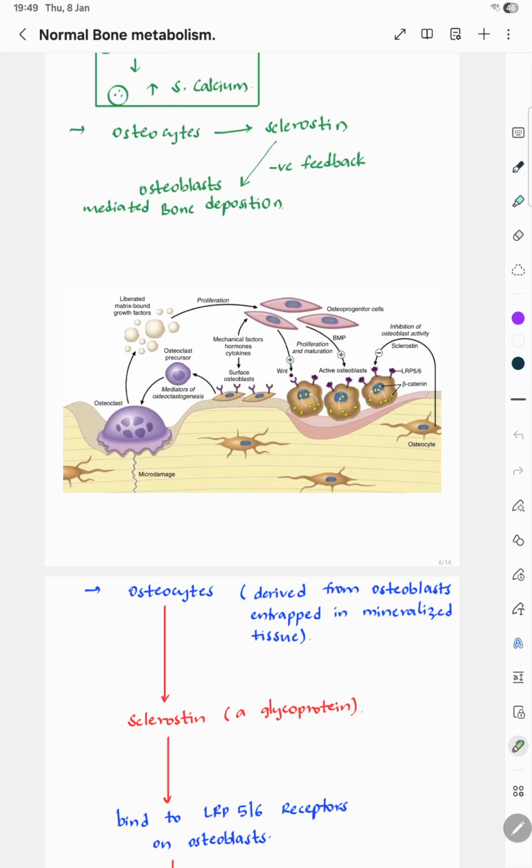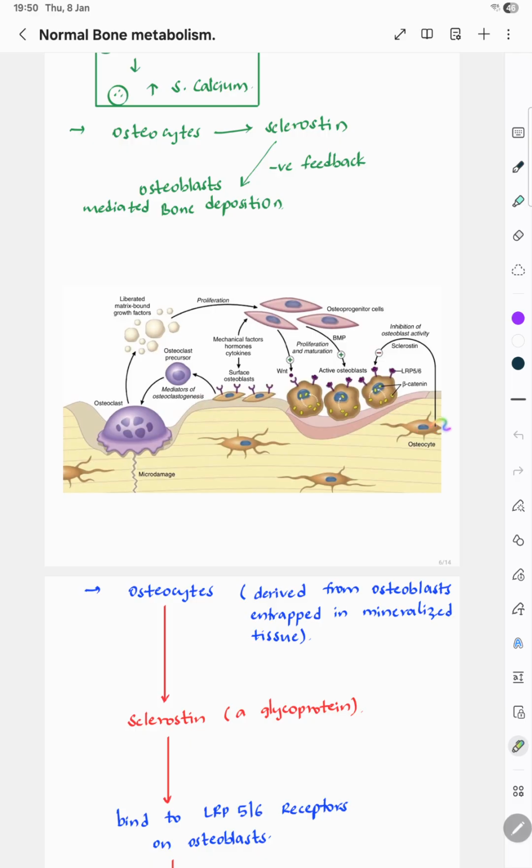This is the image showing the bone metabolism. This is the osteocyte. This is the surface osteoblast. These are the activated osteoblasts, and these are the osteoprogenitor cells, and this is the osteoclast precursor. This is the activated osteoclast, and now the negative feedback mechanism provided by the sclerostin release from the osteocyte is shown here.